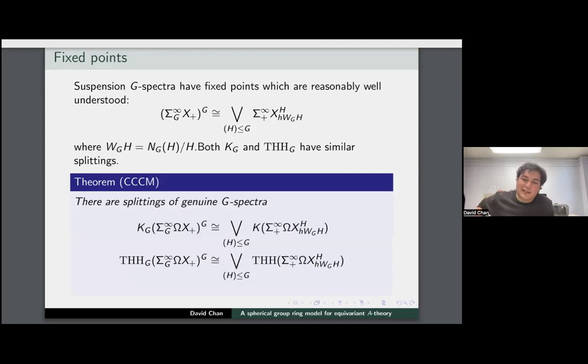Maybe it's a little unclear: you should take X^H, homotopy orbits by W_G H, and then take loops of that thing. So loops is happening after the fixed points and the homotopy orbits. The point is that you can use these splittings to understand these G fixed points.